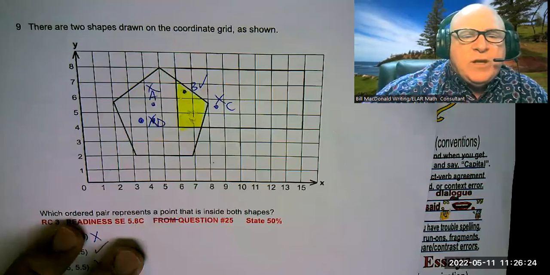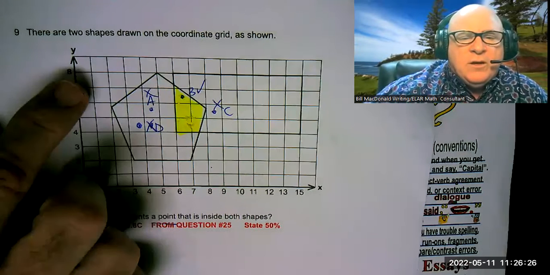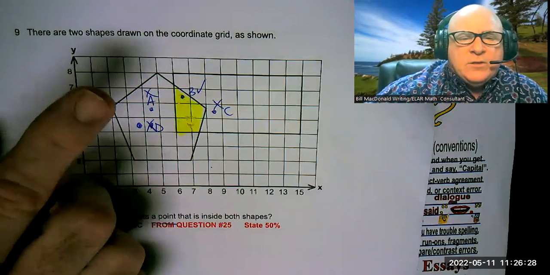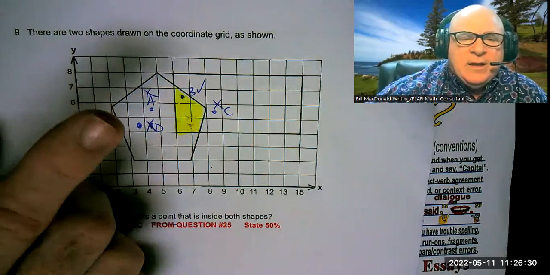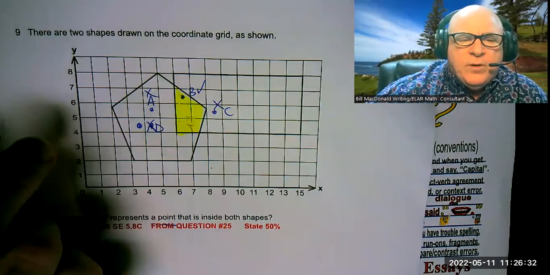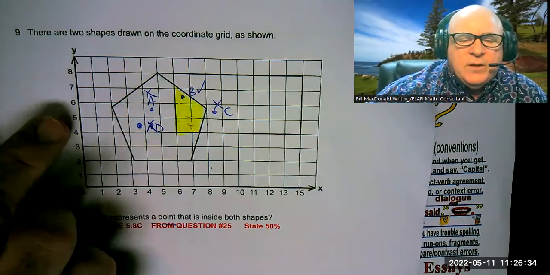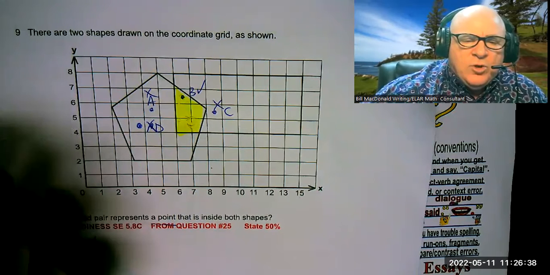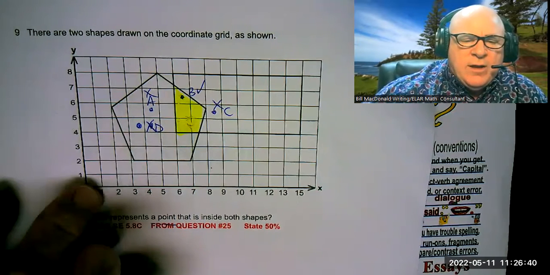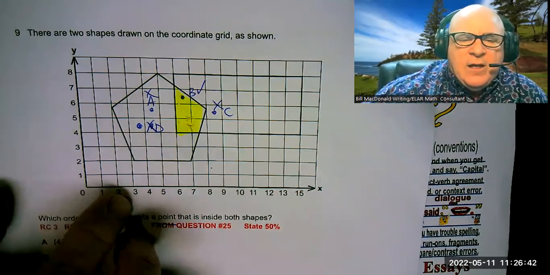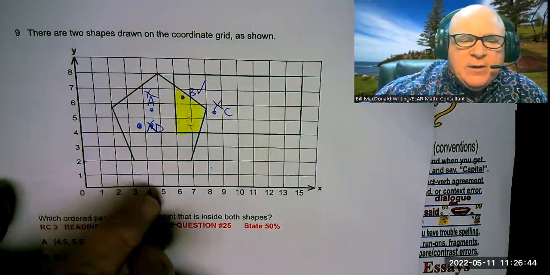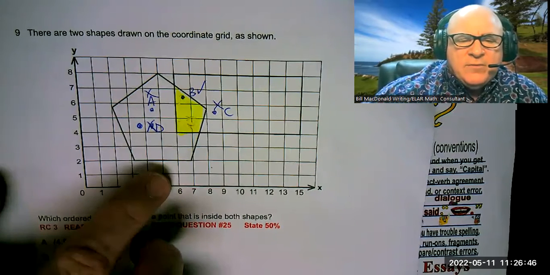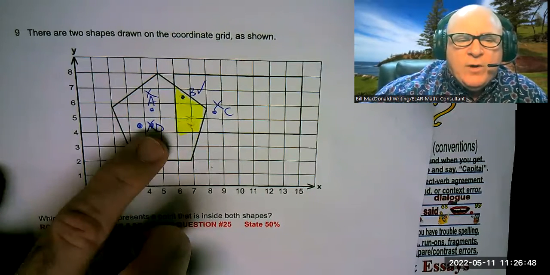There are two shapes drawn in the coordinate grid as shown. So again, these are both positive numbers. As I mentioned, you run down the runway for the X coordinate, and then you go up in the air because it's positive for the Y coordinate.